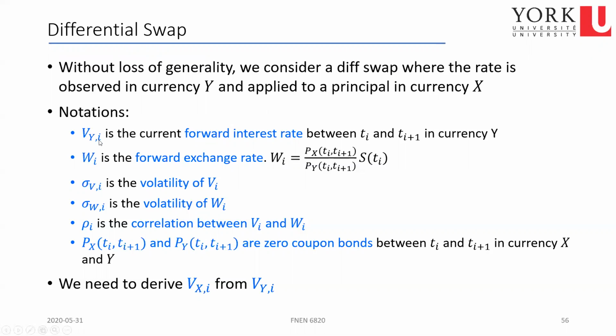Let's use VY_i as the current forward interest rate between Ti to Ti plus 1 in currency Y. So this is the forward interest rate in currency Y. And W is the forward exchange rate, defined this way, okay? Zero coupon bond in currency X over zero coupon bond in currency Y between time Ti to Ti plus 1. This is the exchange rate.